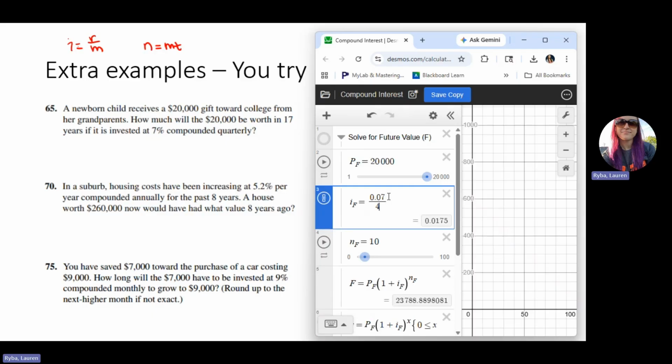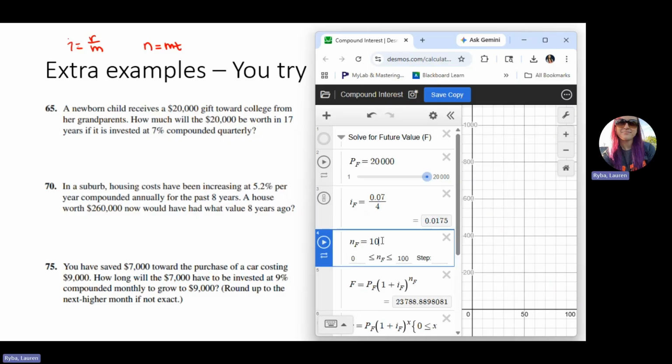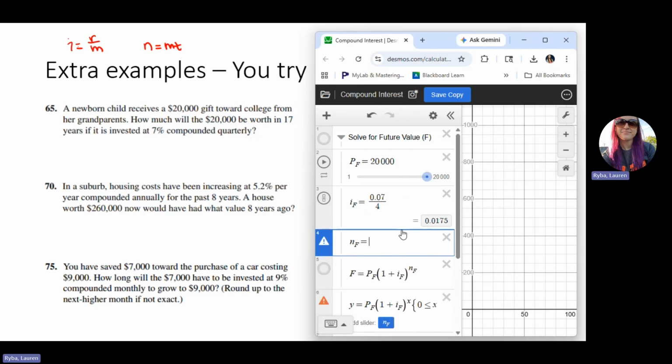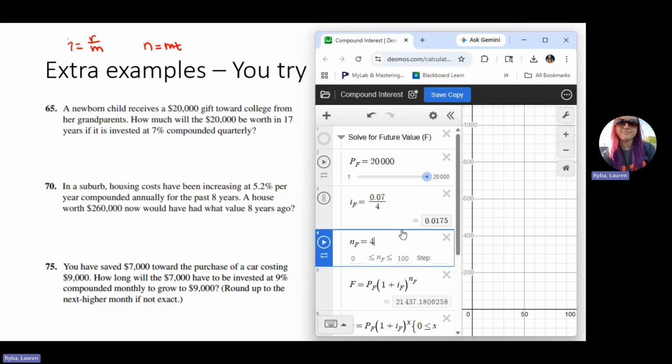So I'm going to divide that by 4. And then our N is our M times our T. So 4 times a year times 17 years. I actually can just type that. I can do 4 times 17. I don't have to actually do the math. It'll do the math for me. It's 68.